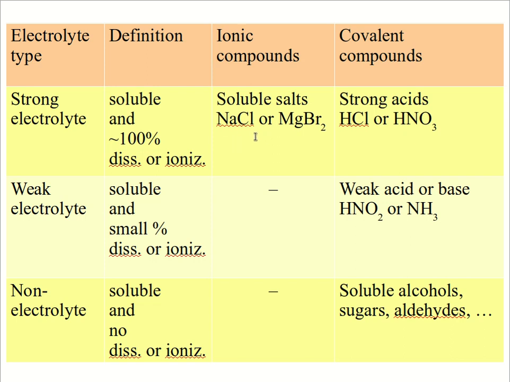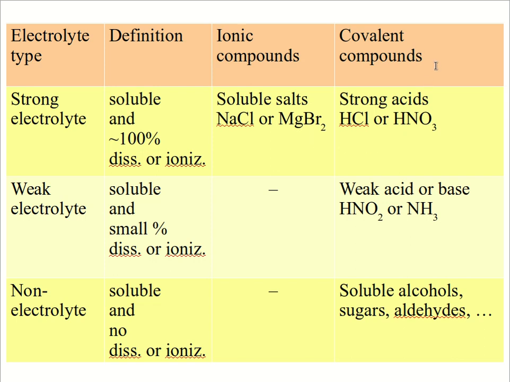And they can't do anything else. That's the only thing they can do, because that's the way they are made. They already exist as ions in the solid state. Sodium chloride and sodium bromide are ions in the solid state, and anything that goes into solution goes as ions.